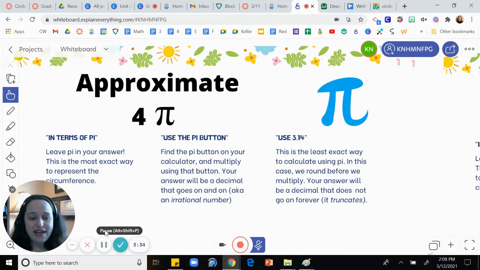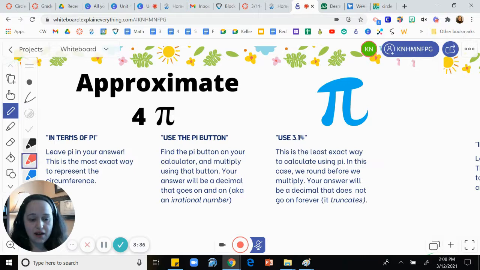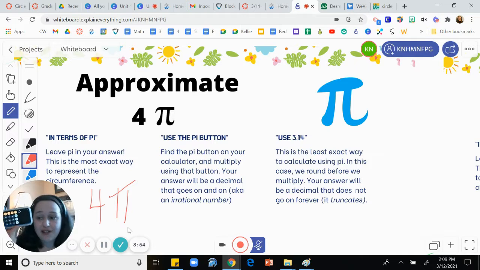If I'm approximating 4 pi, in terms of pi, I'll leave my answer as 4 pi. That's it, I'm done. If I use my calculator, I do actually need to type in the multiplication symbol between the 4 and the pi. So I'll type in 4 times pi equals 12.566. So do you see how many digits are there?